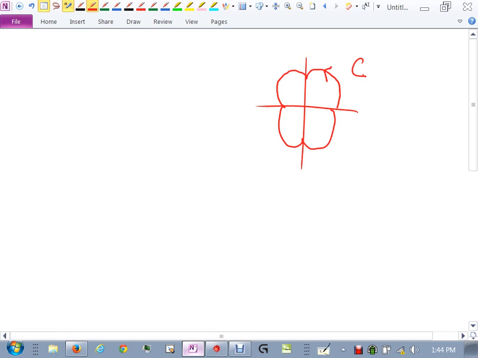This is C. Now, I put the arrow there to show positive orientation. We would have to check that to make sure it is.